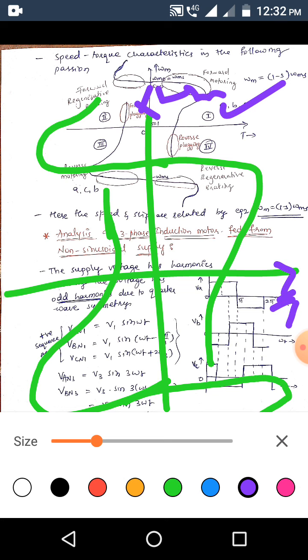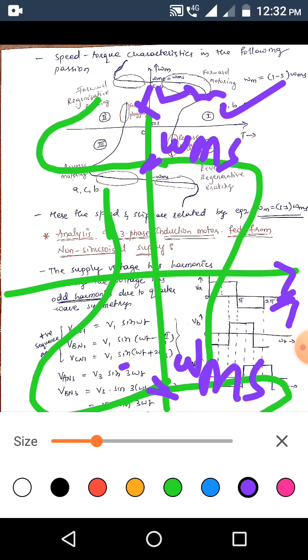We know that the rotor torque has the slip in the equation here. Okay, so this is the, we'll call it omega ms, or we'll call it the no load speed here. So here it is the negative no load synchronous speed here.